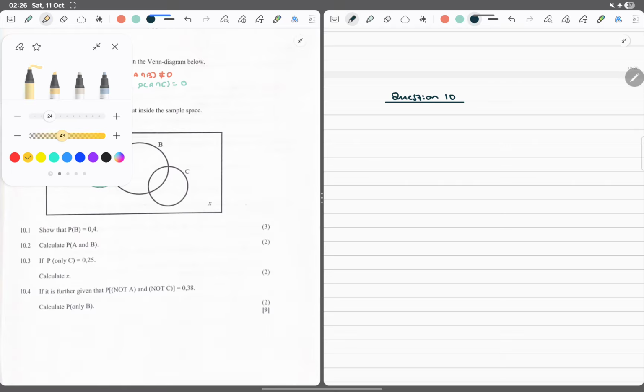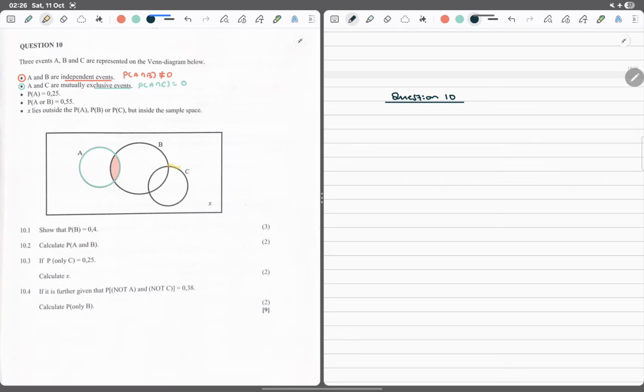P of A or B is basically everything in B, right? Everything in B, the intersection between B and A. So this is essentially saying all the fields of A and B, including their intersections. But we can see that B would also take the intersection with C. So that is the statement that we are given here.